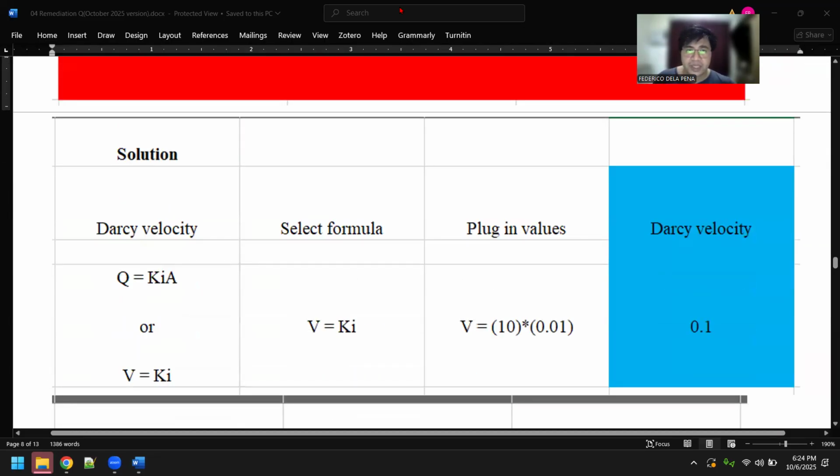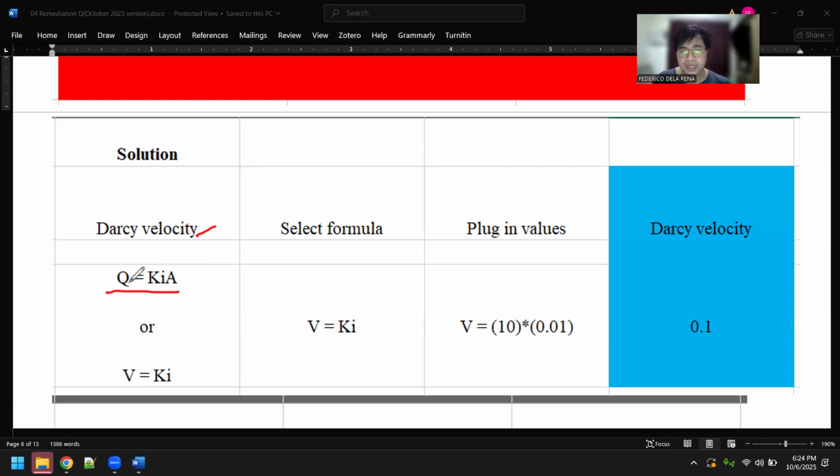Right? First, we solve for the Darcy velocity. It has two forms. It's either discharge is equal to KIA or velocity is equal to KI. Now, capital K is your hydraulic conductivity. I is your hydraulic gradient. And we're going to be using the velocity form of the Darcy equation, right?